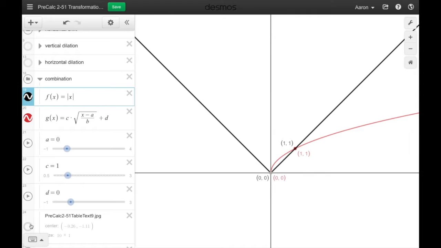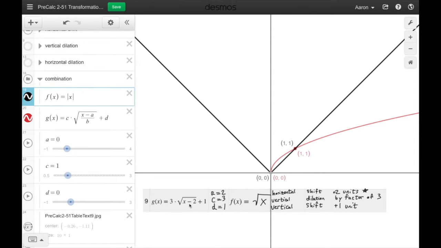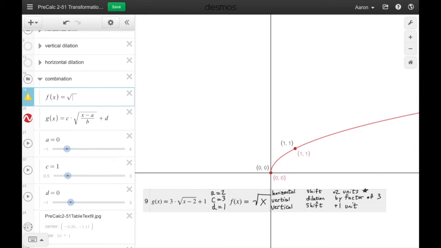Okay, here's line 9. You can see from the equation it's pretty complex. There's 3 different numbers all working at the same time in the same equation. However, it's basically just a square root function. So I can see that it's a square root function. Let me type in square root of x. And a square root function that's been modified and transformed 3 different ways.